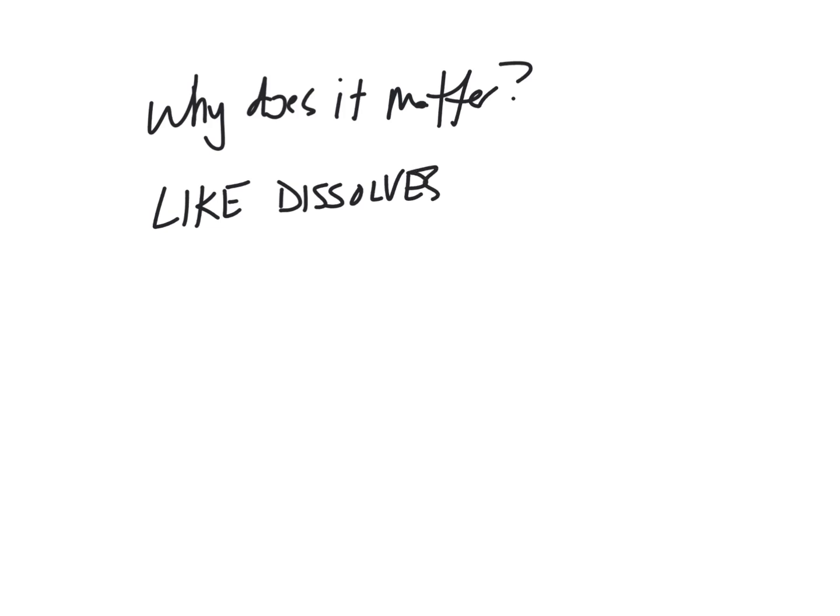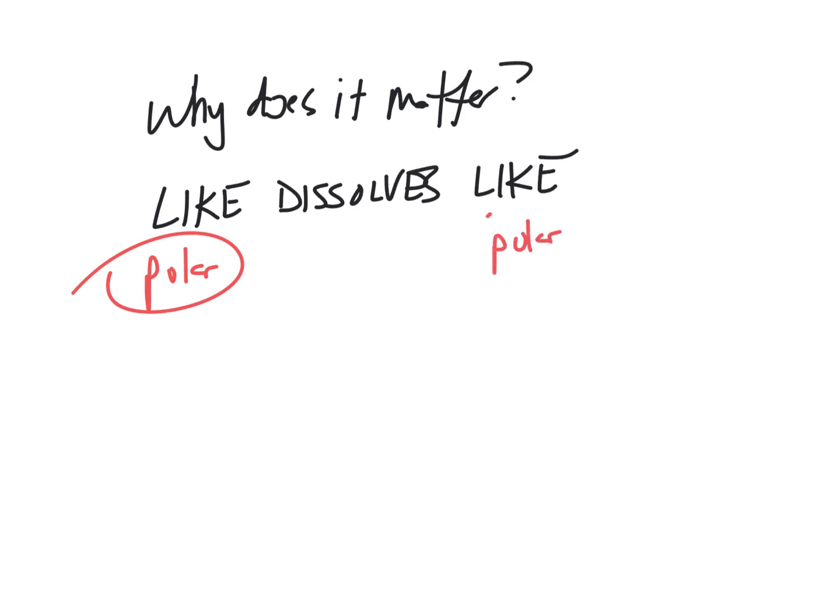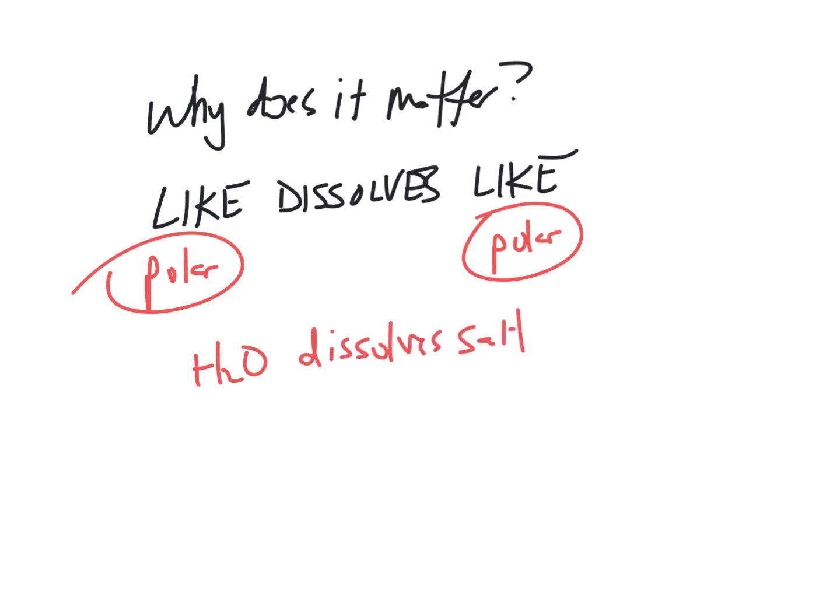In other words, if we want to dissolve a polar substance, like an ion or a collection of ions, into solution, we need a polar solvent. So you know that water does well at dissolving salt. Why? Because salts are made of ions, okay? And water is polar.